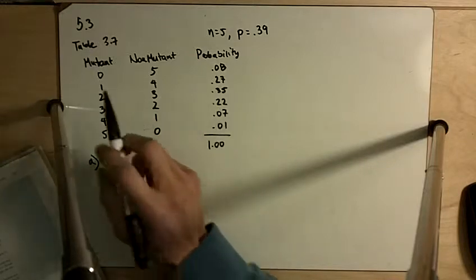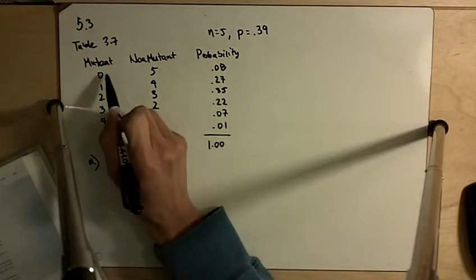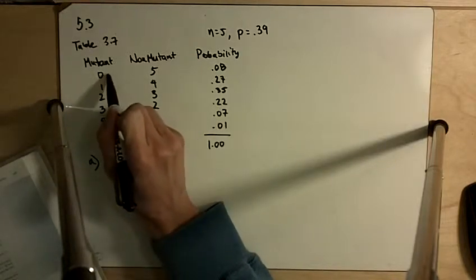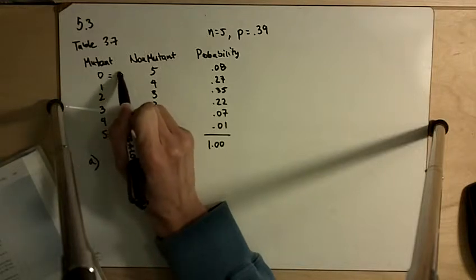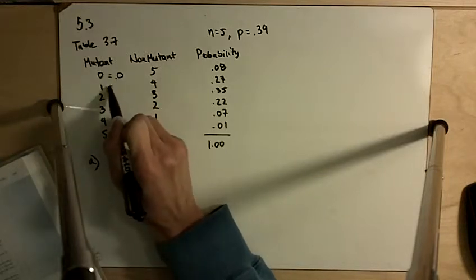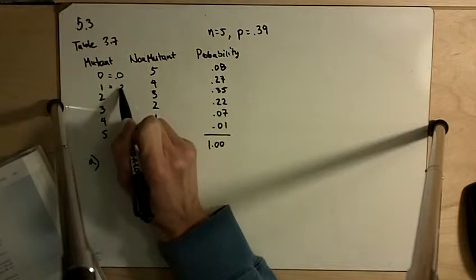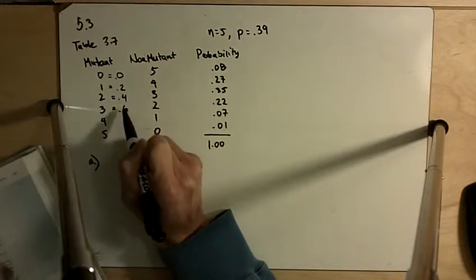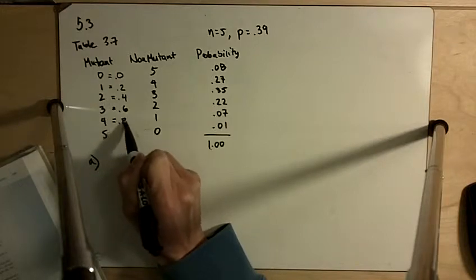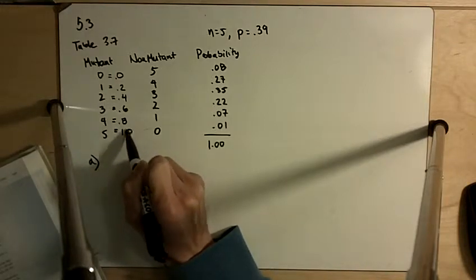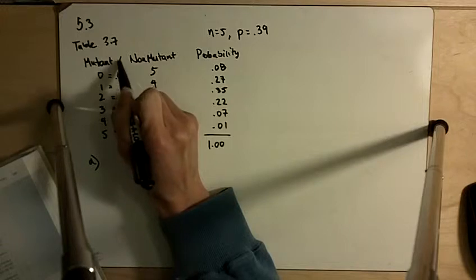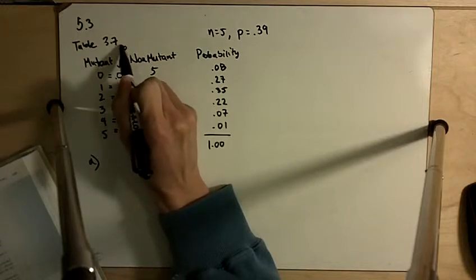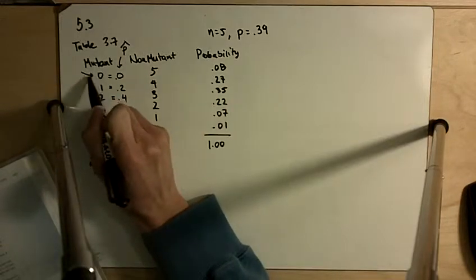Okay, we can basically relabel all of these and just divide all of these numbers by 5. And here we have 0 equals 0.0. Here 1 equals 0.2, 2 equals 0.4, 3 equals 0.6, 4 equals 0.8, and 5 equals 1.0. So this column here is now our p hats, while this over here was the count.